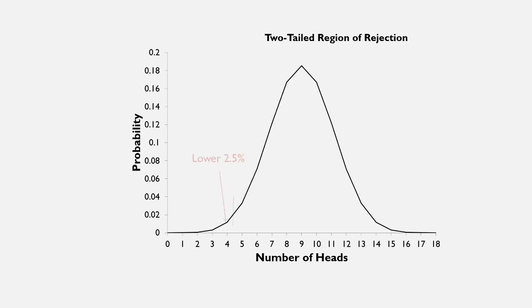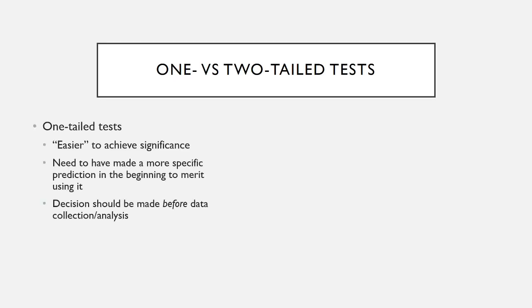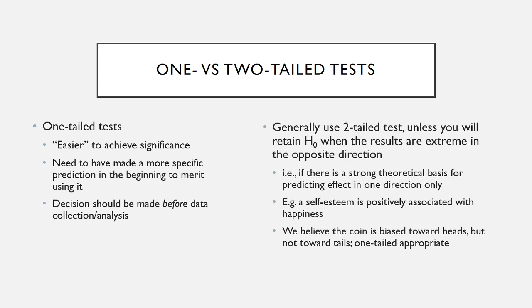With the two-tailed test, you do need to meet a more stringent cutoff to achieve significance, but you're opening the door to find an effect in either direction. So in order to keep things consistent and ethical, your choice of one-tailed versus two-tailed test should be married to whether or not you made a directional or non-directional prediction in advance. You can always save yourself the headache and just err on the side of using two-tailed.